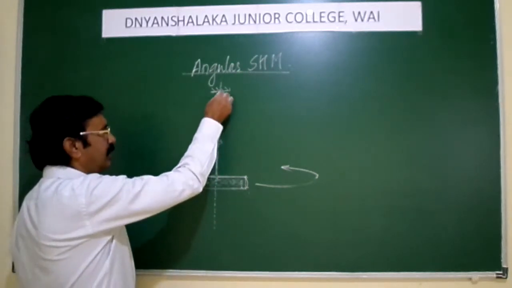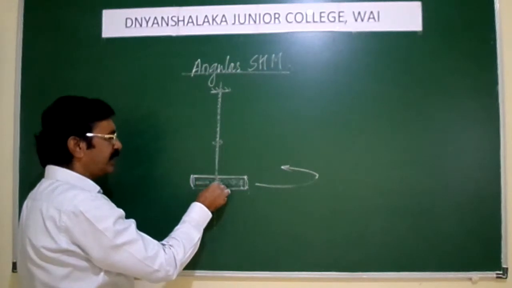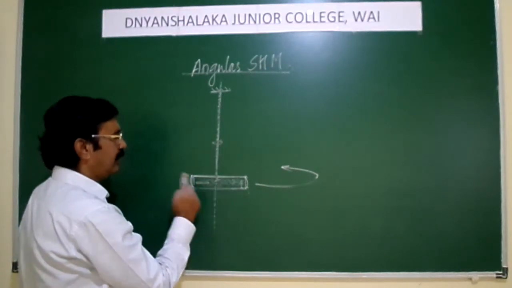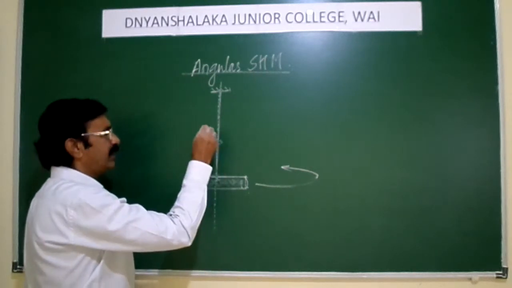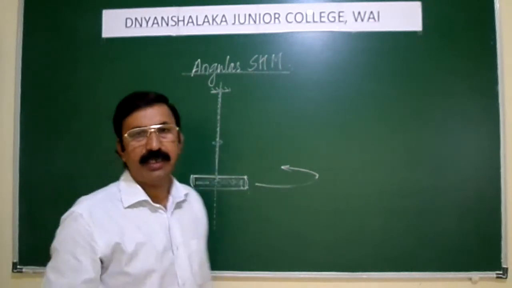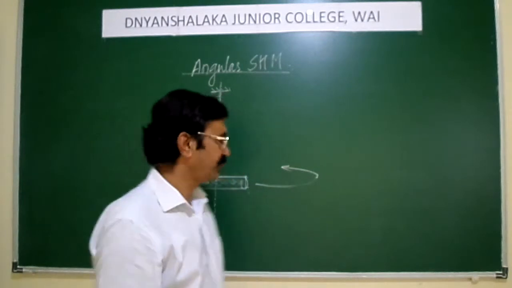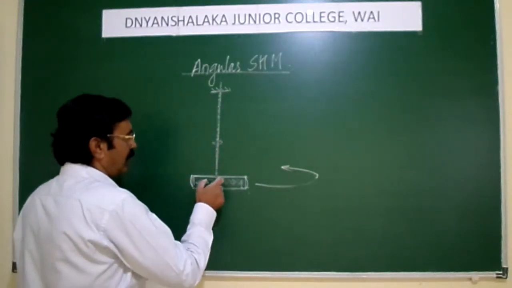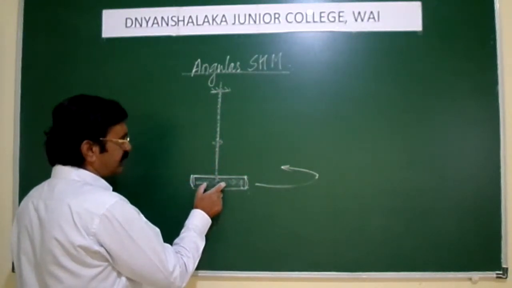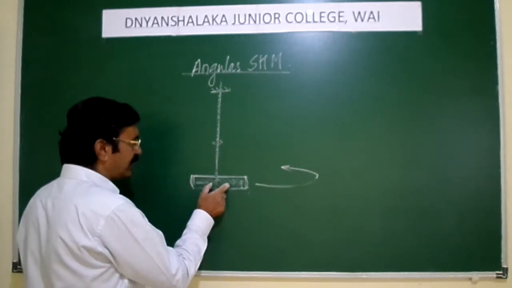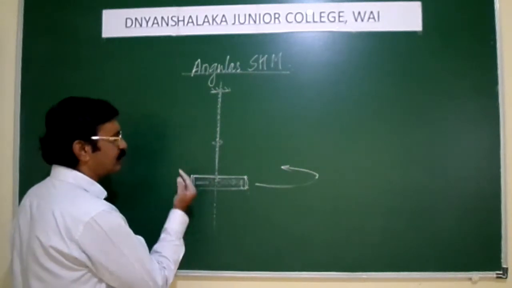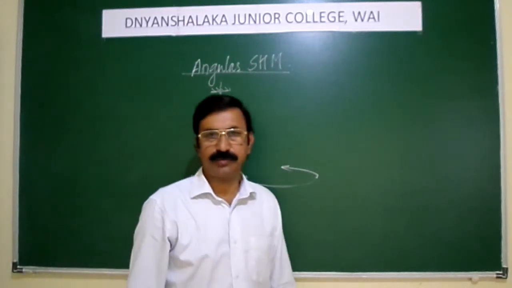But when the string is completely unwound, the disk keeps on rotating, and so the twist is set into the string in the opposite direction. And then the rotational motion goes on decreasing, the disk stops rotating, and then again it starts rotating in the opposite direction.